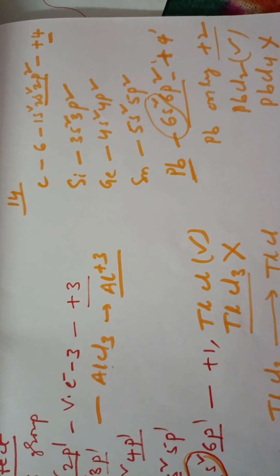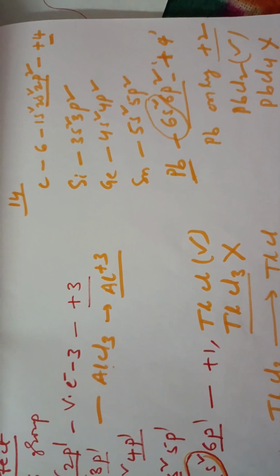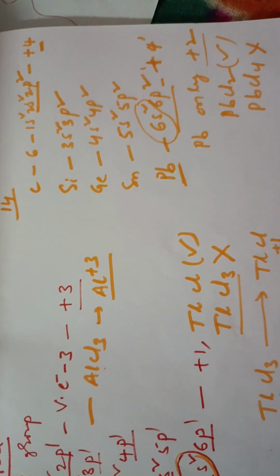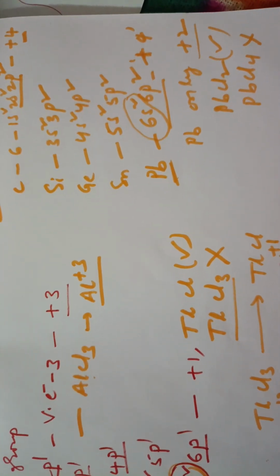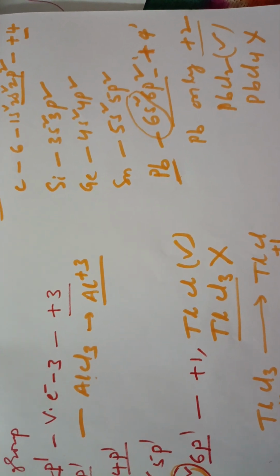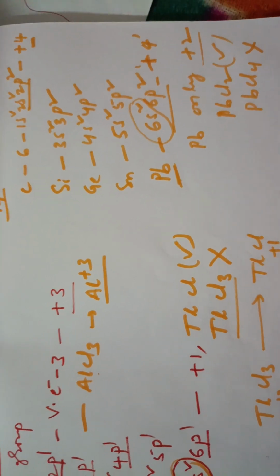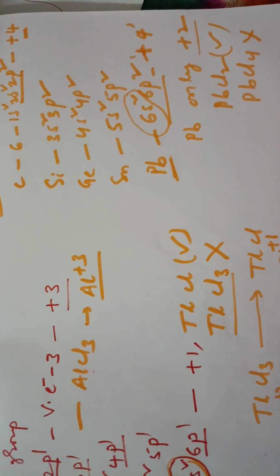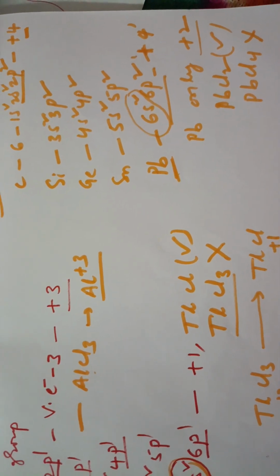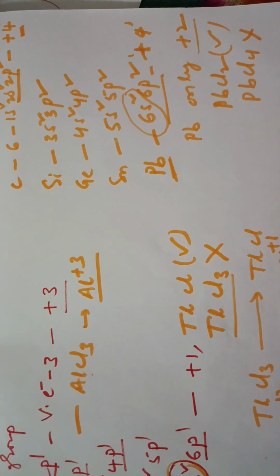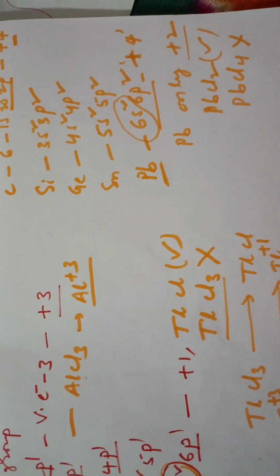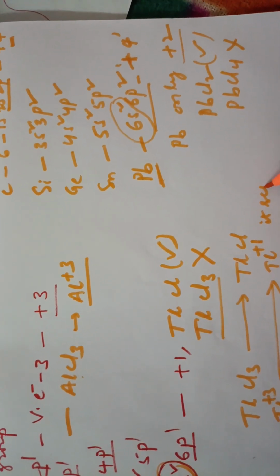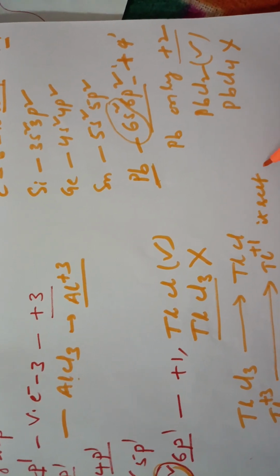That means thallium here is +3 oxidation state, here +1 oxidation state. So thallium goes from +3 to +1, it converts. So here what happened? It reduces itself.